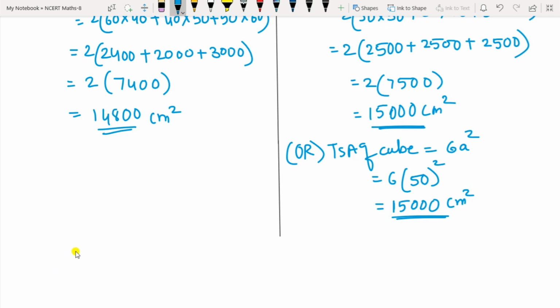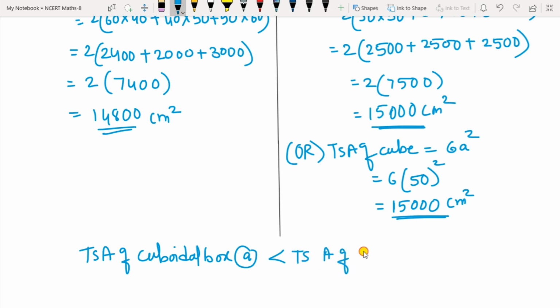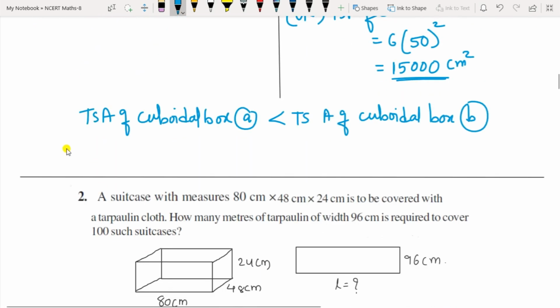So you have to write it here as that total surface area of cuboidal box A is less than total surface area of cuboidal box B. So box A will require less amount of material.